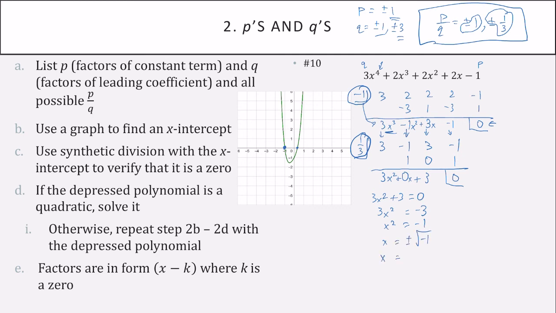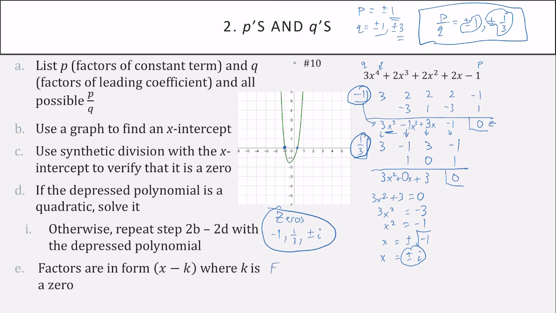Oh wait, what's the square root of negative 1? That's right, it's i. So the rest of my zeros are plus and minus i. So our zeros are negative 1, 1/3, and plus and minus i. See, just looking at the graph, you wouldn't have picked up the plus and minus i. That's why you have to go through all the synthetic division.